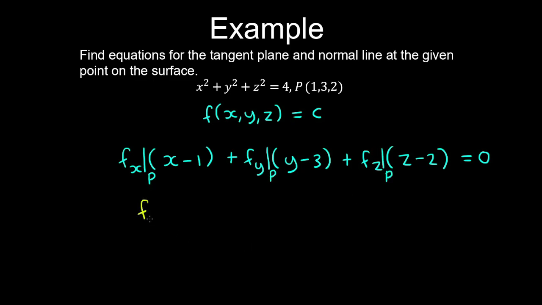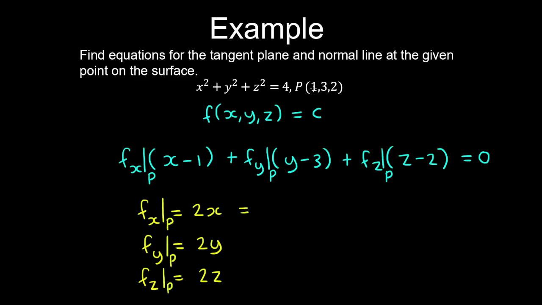So the partial with respect to x is 2x, and with respect to y is 2y, and similarly with respect to z is 2z. And evaluating these at point P, we have 2x is equal to 2, 2y is 6, and 2z is 4. So that gives the equation of the tangent plane.